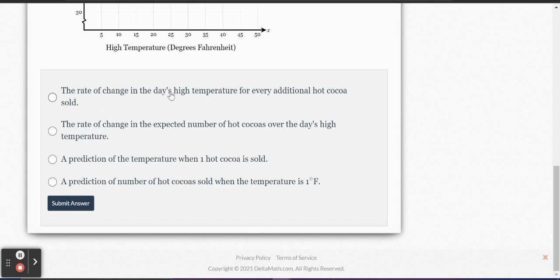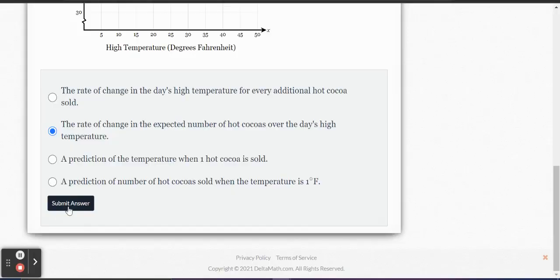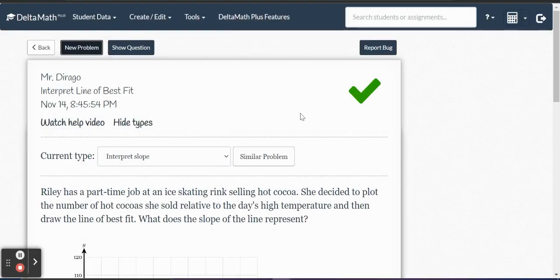The rate of change of the day's high temperature for every hot cocoa sold is not the rise over run. The rise, the change in the y values, we're comparing cocoas over temperature. So our choice is the second one, the rate of change in expected number of hot cocoa sold over, rise over run, the day's high temperature. Boom. Submit. Yes.